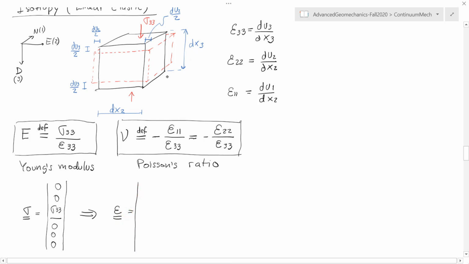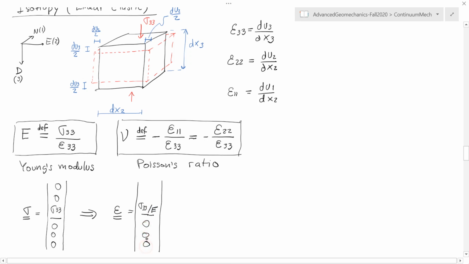As I'm seeing over here and applying the definitions that I have used, epsilon 33, I get it from here, is going to be equal to sigma 33 divided by the Young modulus. The shear strains are going to be 0.